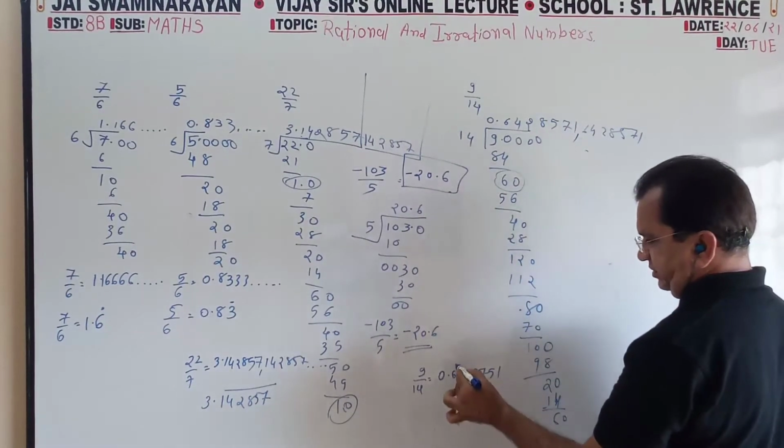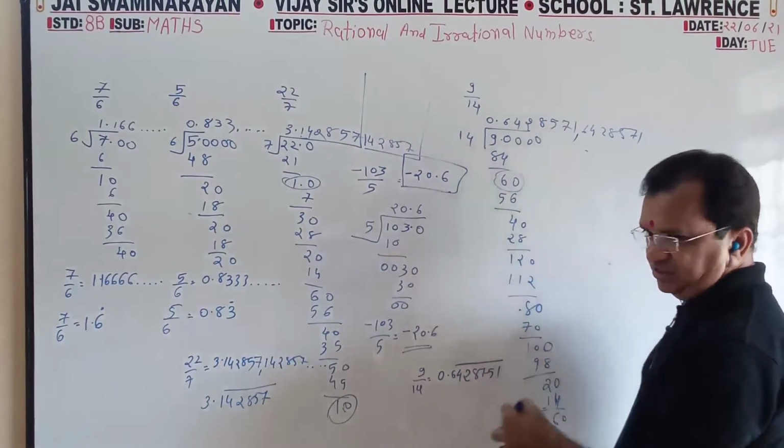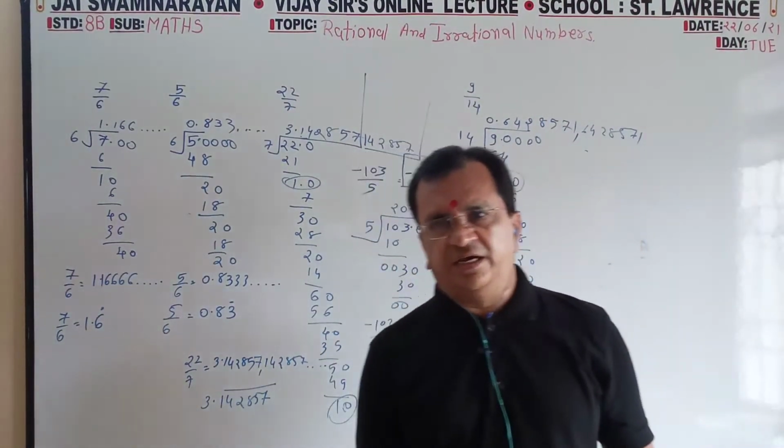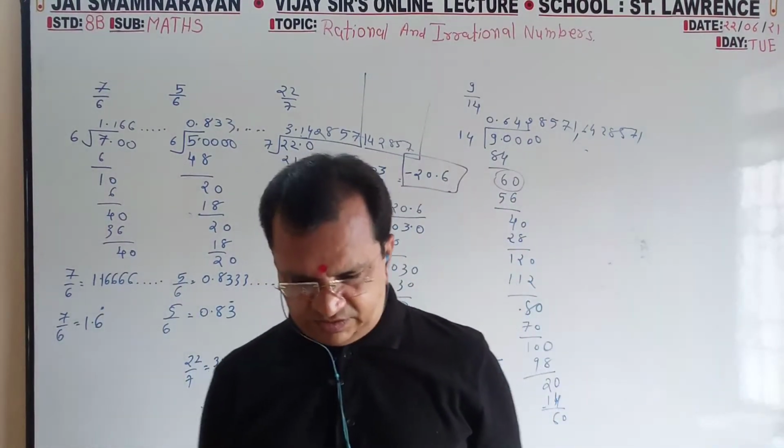Then again that is repeating. So this line means these numbers come again and again in that sequence only.